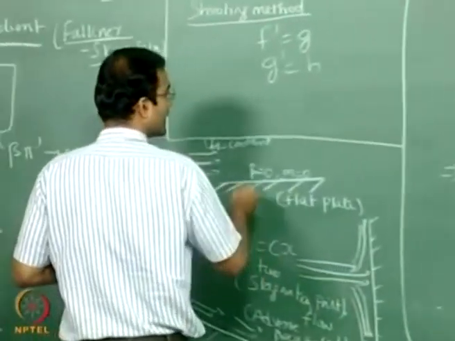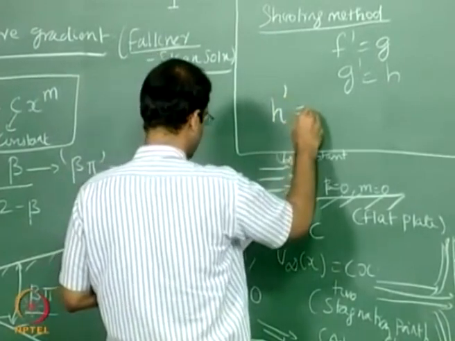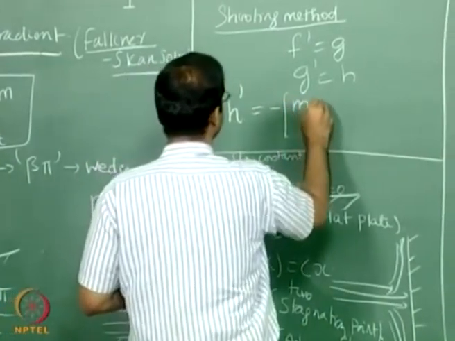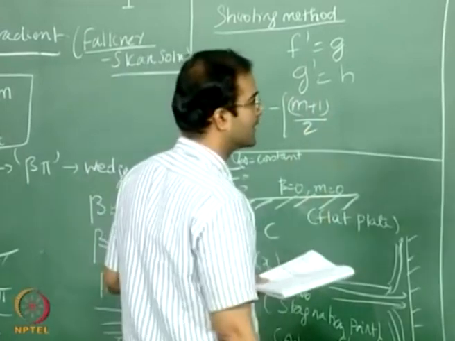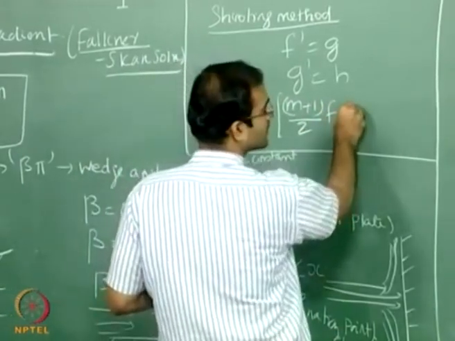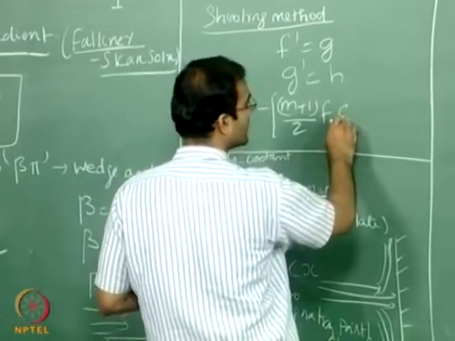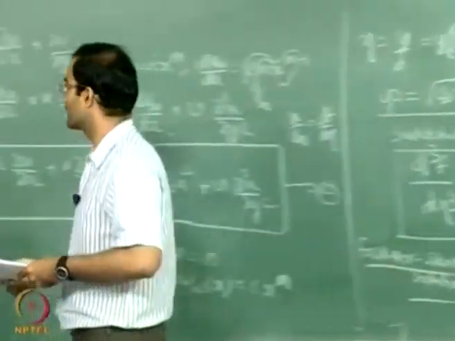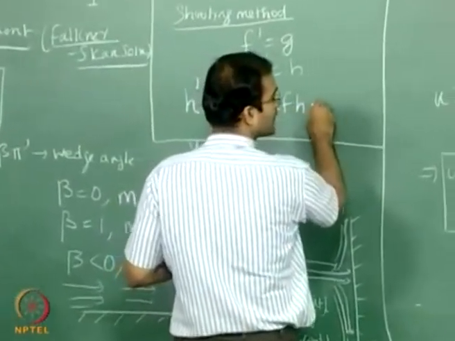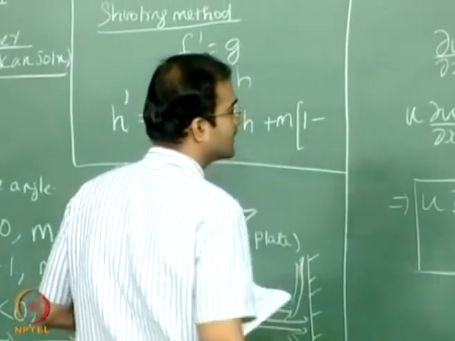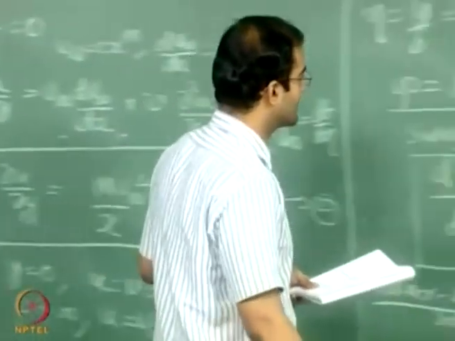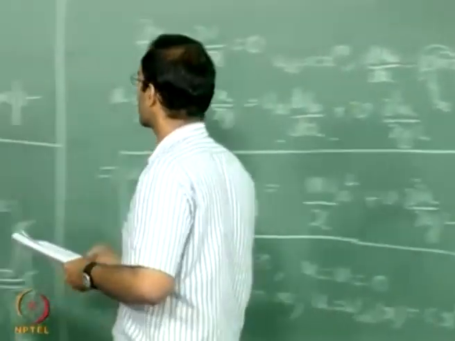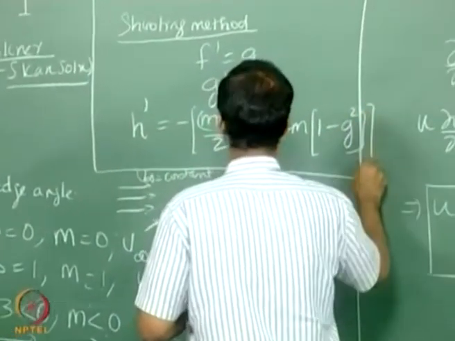So H prime will be equal to minus (m plus 1 by 2) into F into H, plus m into (1 minus f prime square), so this has to be G square. So this is my third ODE.